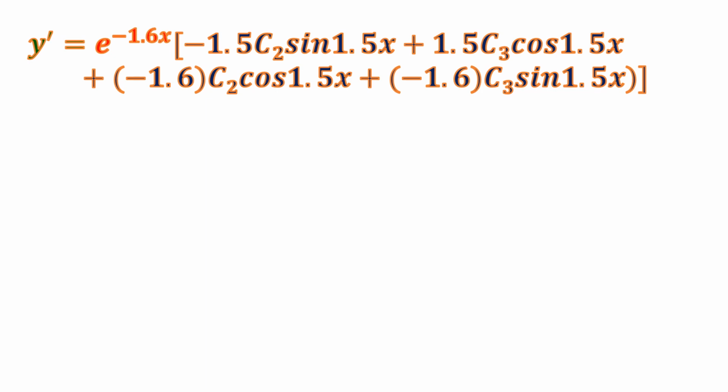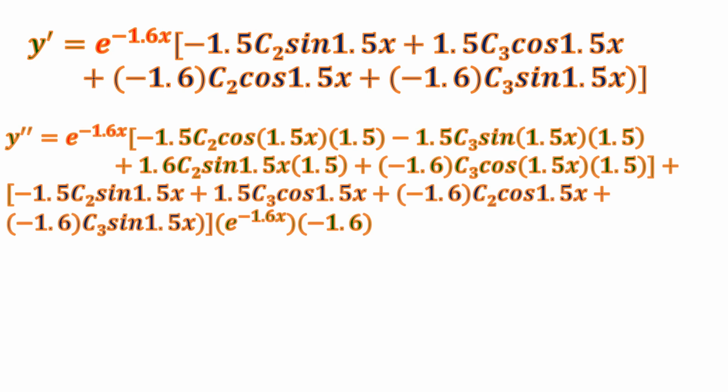So let's copy the first derivative of y, or the y prime. Then we're going to get the second derivative. We color the u as red, it's e negative 1.6x, and the v as blue, so that it's easier for you to use the product rule, and you will not get confused about where's the u, where's the v. So let's get the second derivative. Copy the e negative 1.6x and then derive the blue one.